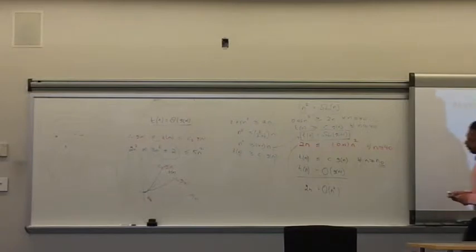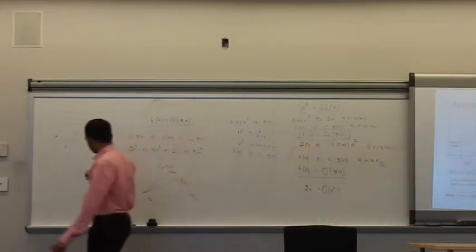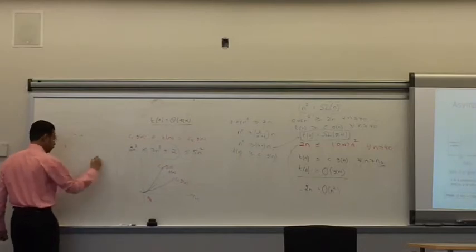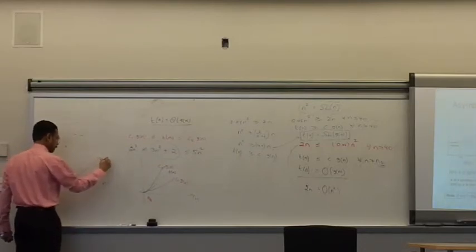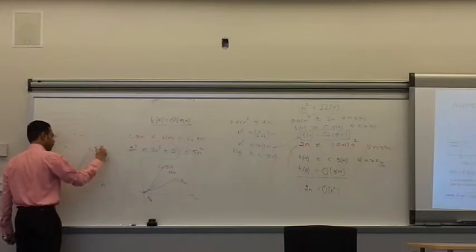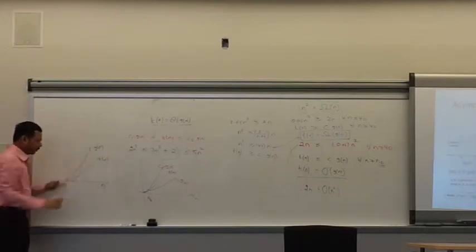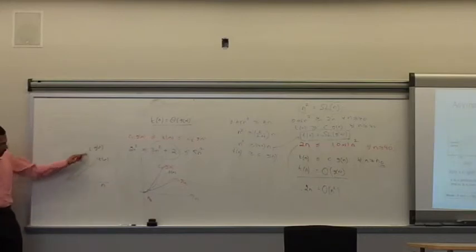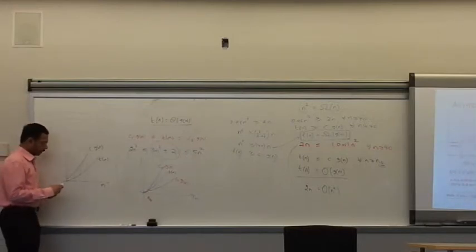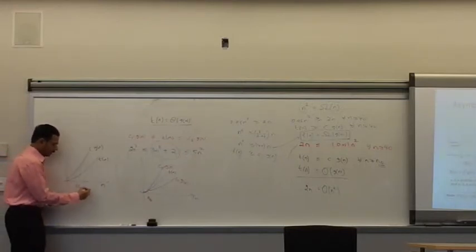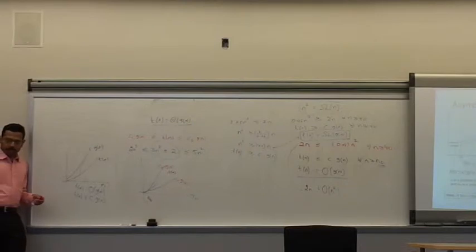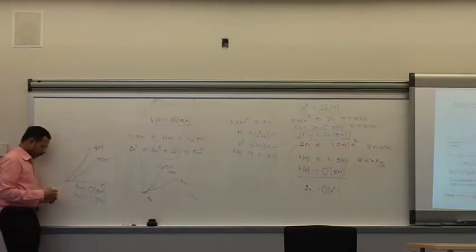So as n grows, this is your t of n, always it is above the C times g of n. So it's bounded above always by this function g of n. Okay? So if that is the case, you can say t of n is big O of g of n, because t of n is always less than or equal to some constant times g of n.